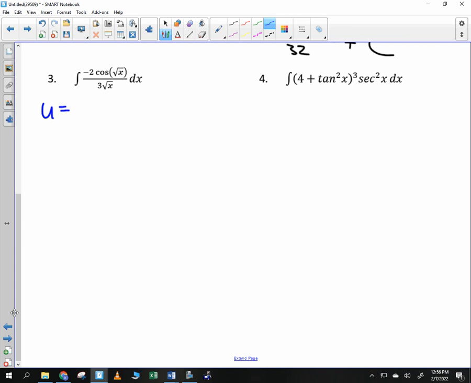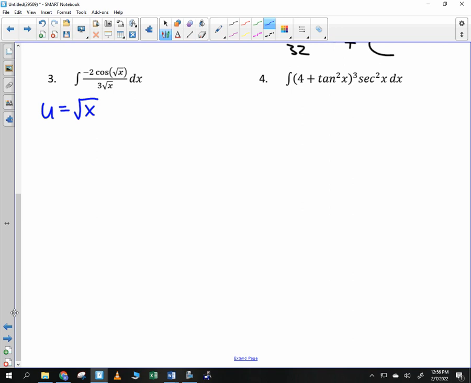What is u? Anybody want to guess? Root of x. And the reason why u is the root of x, and so I can't always tell you what u should be, and sometimes there's multiple options for u. But generally speaking, it's the thing on the inside. But here's the real answer.